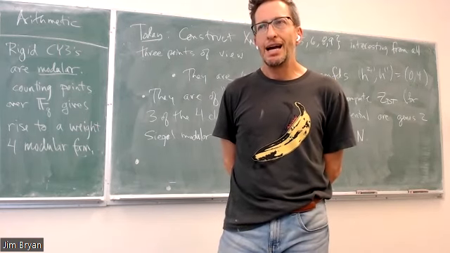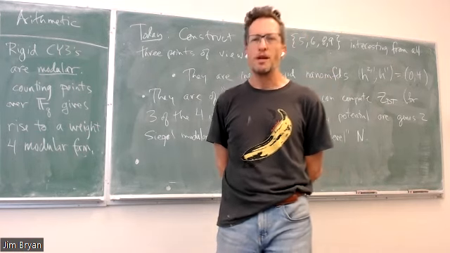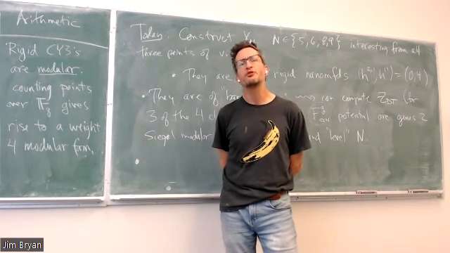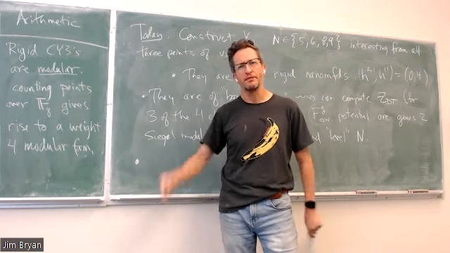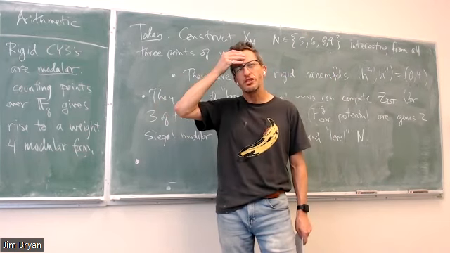So these don't have mirrors in a traditional sense. It's a long story about how to make sense of mirror symmetry for rigid Calabi-Yau threefolds. You can think of it as in the boundary of a family, where this is a conifold transition.